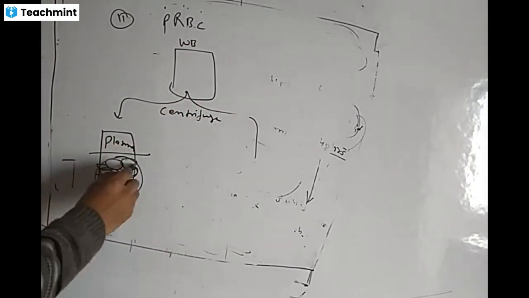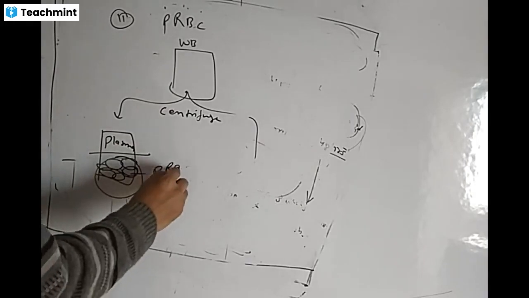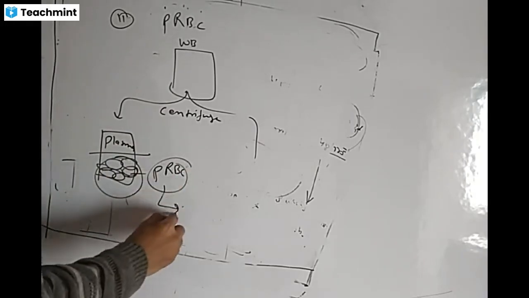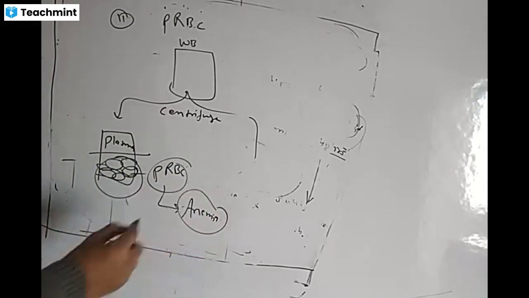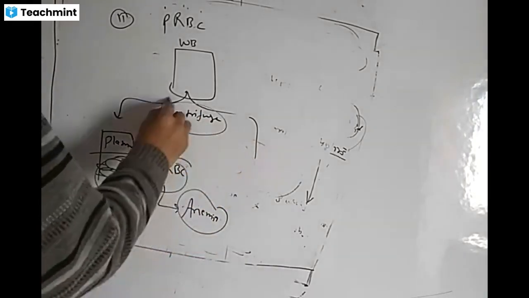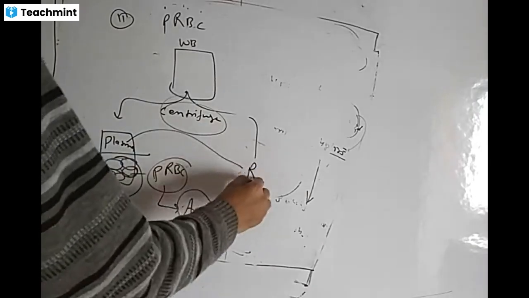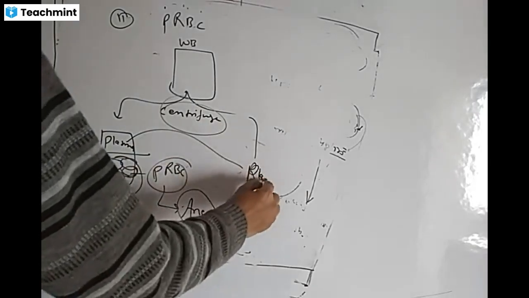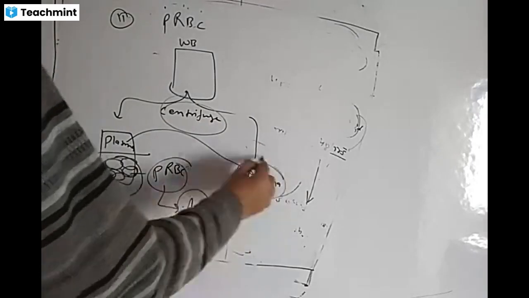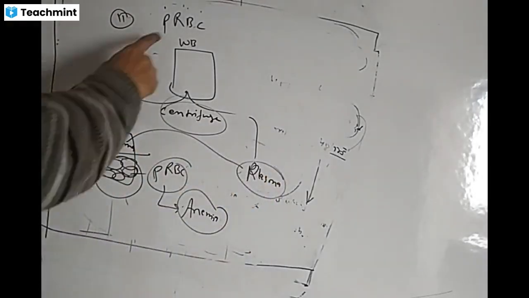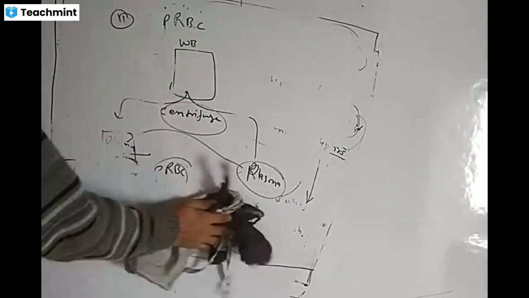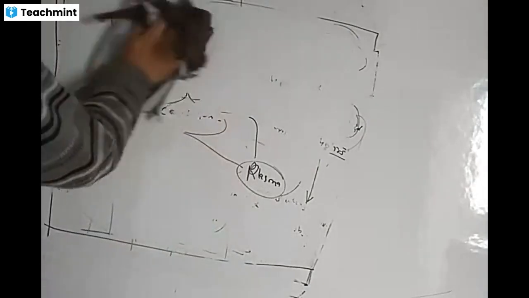This fraction is called packed RBC, and the indication for packed RBC is anemia. The second component after centrifugation is plasma.